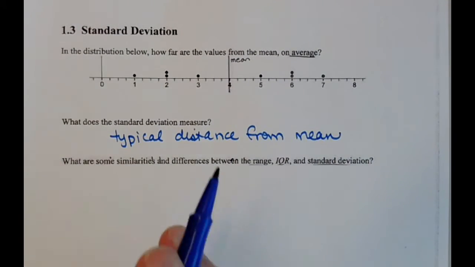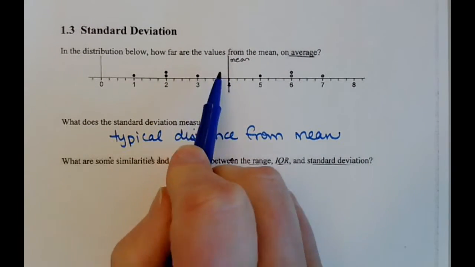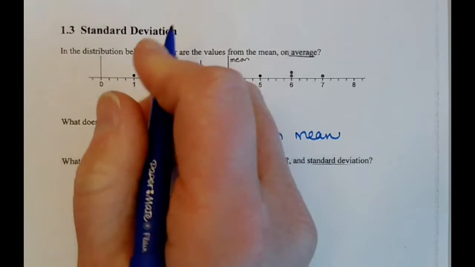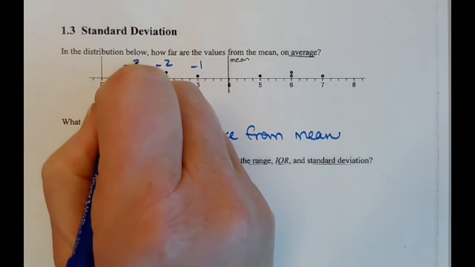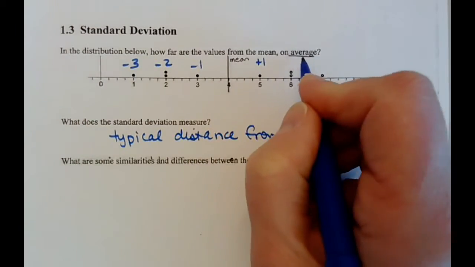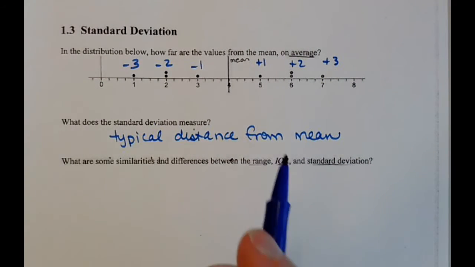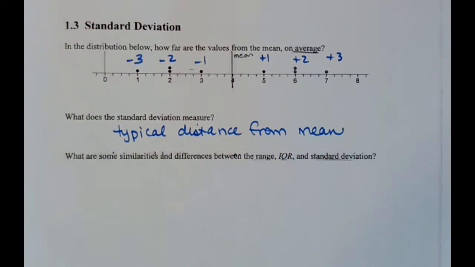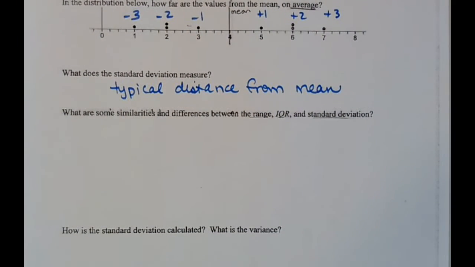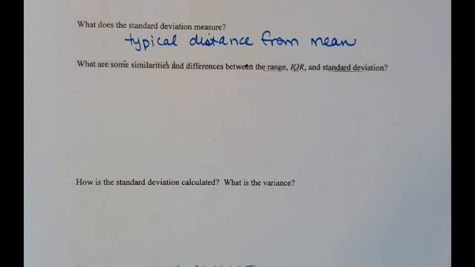When we look at these, they're asking how far these points are from the mean. Well, that's a -1 point. That's a -2 points. -3. Those are the distances from the mean, and that would be our standard deviation. They all have variability.